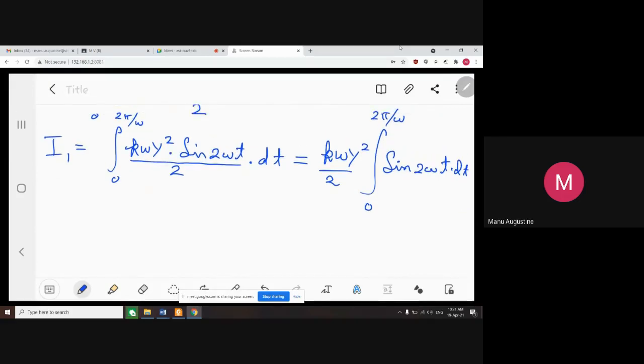Now the integral of sin 2 omega t dt integrated from 0 to 2 pi by omega, you do this on your own, and eventually you should find that this integration will result in 0. So I1 you get as 0.